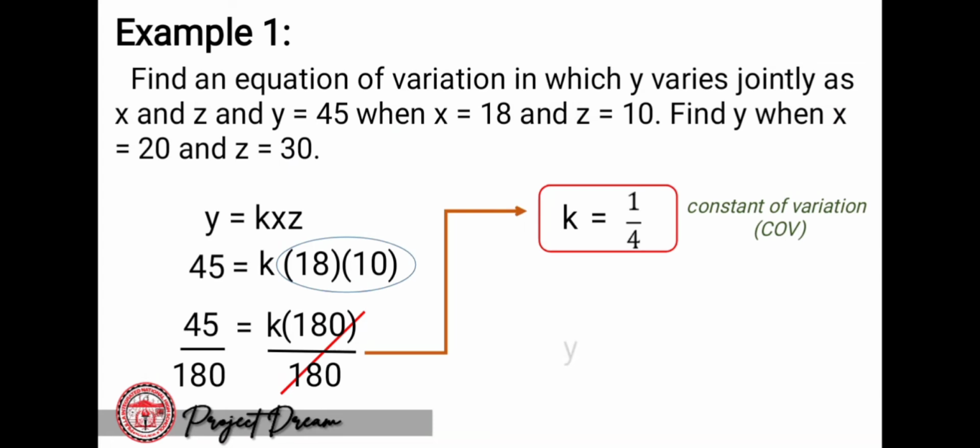So, sulat natin ulit si y is equal to, so from k, ang isusulat na natin ngayon ay 1/4 since nahanap na natin ang value ni k. And then, kopyahin si x and z. Therefore, that will be our equation of variation.